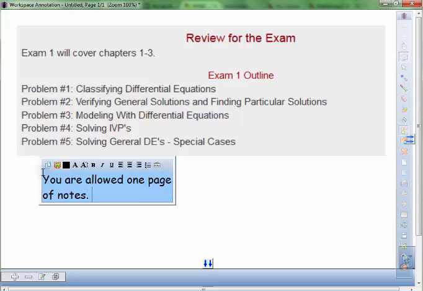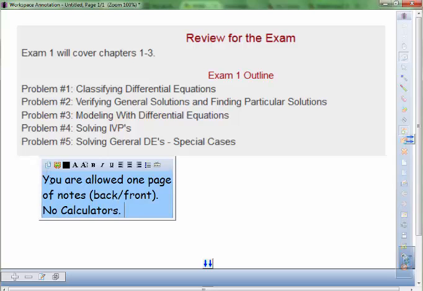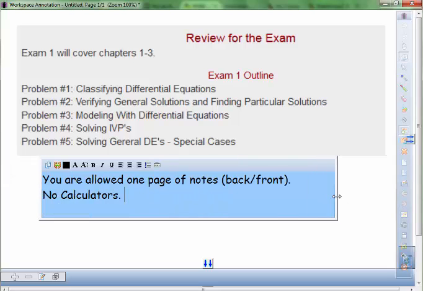You're going to be allowed 1 page of notes, and just to make everything all even, back and front. I know there's people who have 89 or even Inspire calculators that almost work like computers and can find differential equations and stuff, so we won't have calculators for the test.